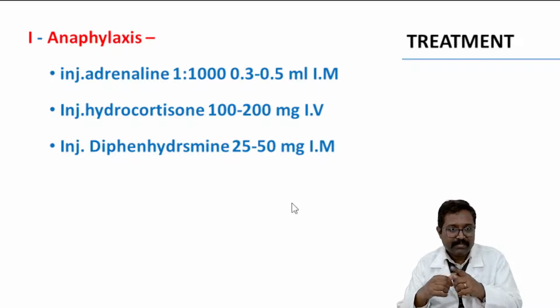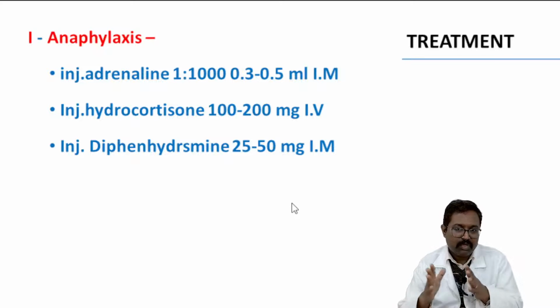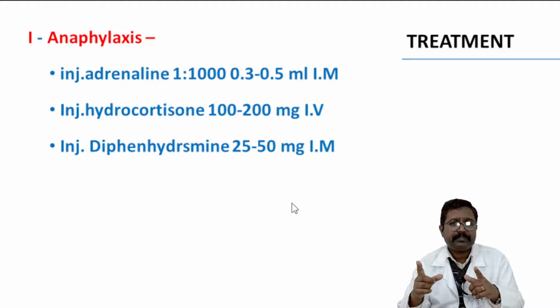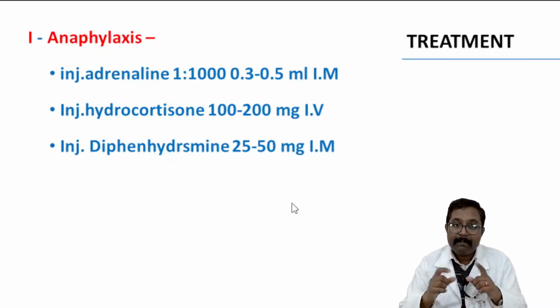Sorry for the spelling mistake: it is diphenhydramine, not S; instead of S, there should be A. Diphenhydramine is an antihistaminic. Even in anaphylaxis, there will be a rise in histamine levels. To counter this histamine-mediated bronchoconstriction, you can go for injection diphenhydramine 25 to 50 milligrams intramuscularly.